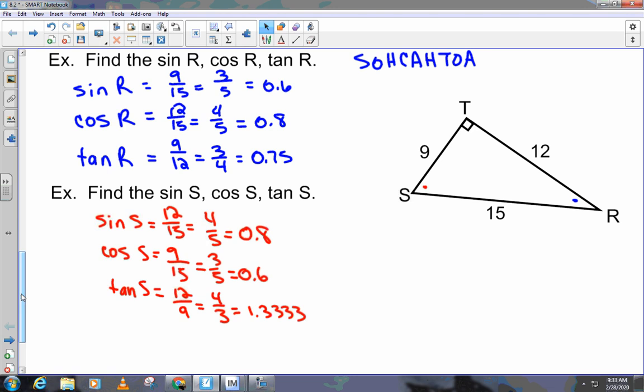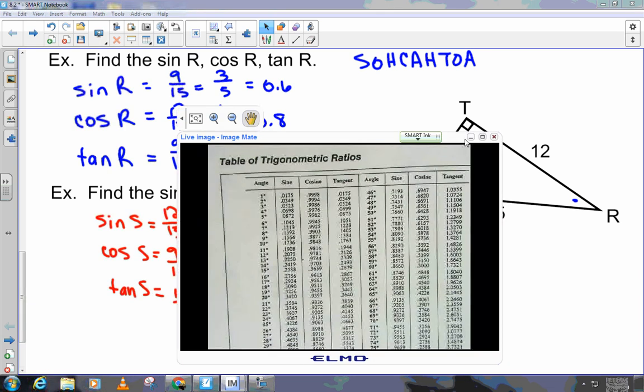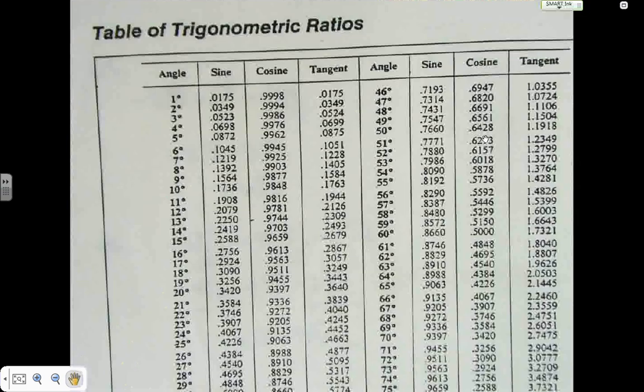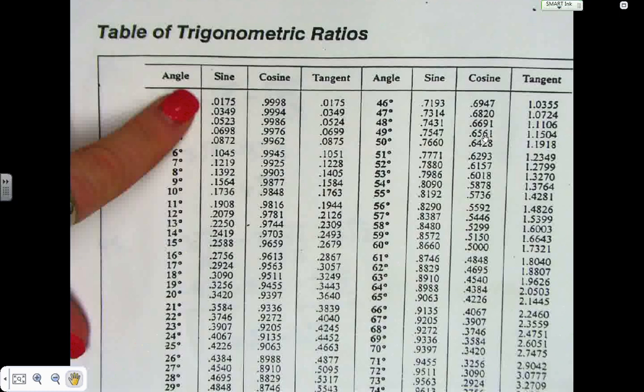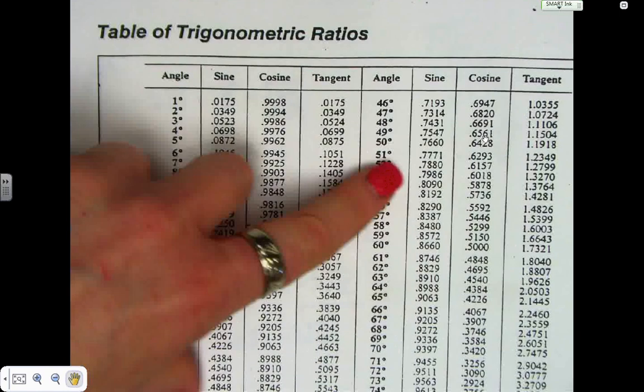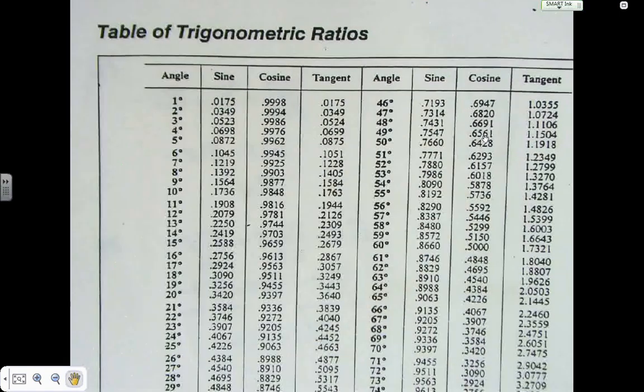Kind of just to show you, I wanted to find out angle R, I could do this little chart. Okay? You see how it has the different columns. It has angle, sine, cosine, tangent, and then it repeats angle, sine, cosine, and tangent. So, what was the ratio for the sine of R?